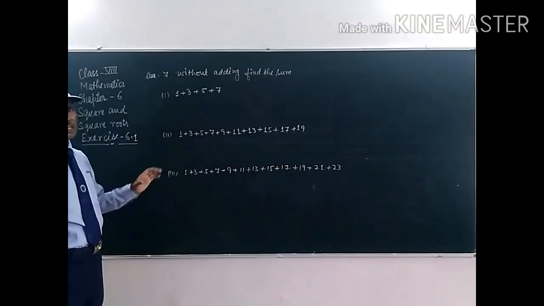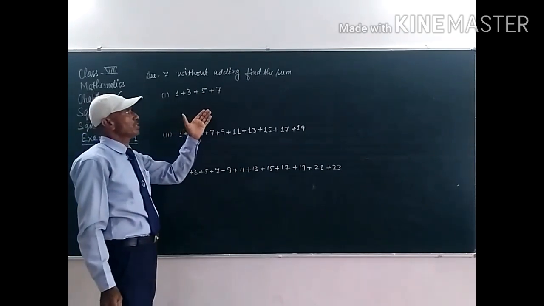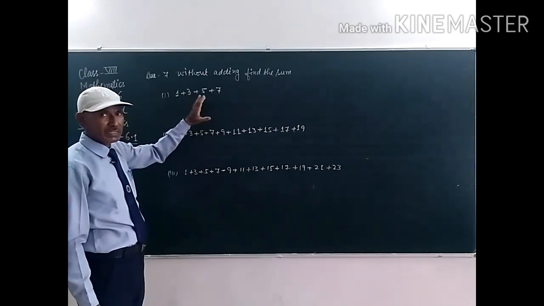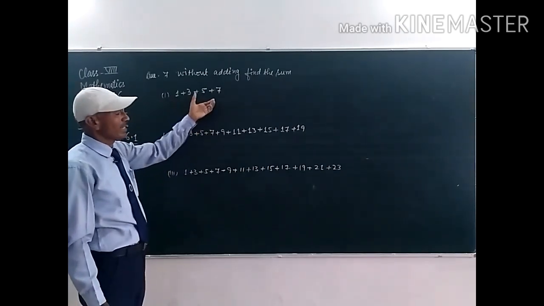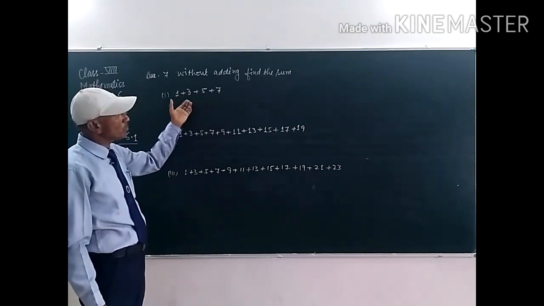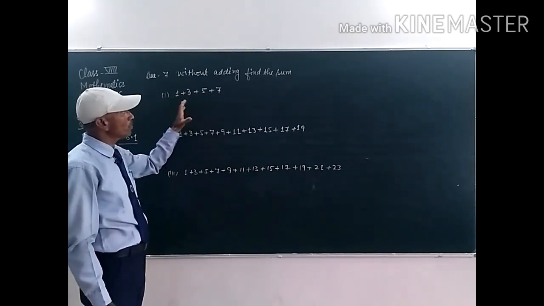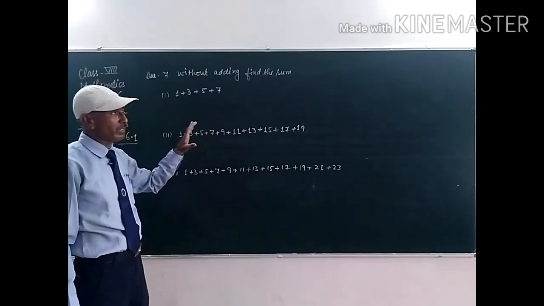This is question number 7 student and in this question student we have to find the sum, but we need not add these numbers. We have to use the rules, the properties of the numbers.